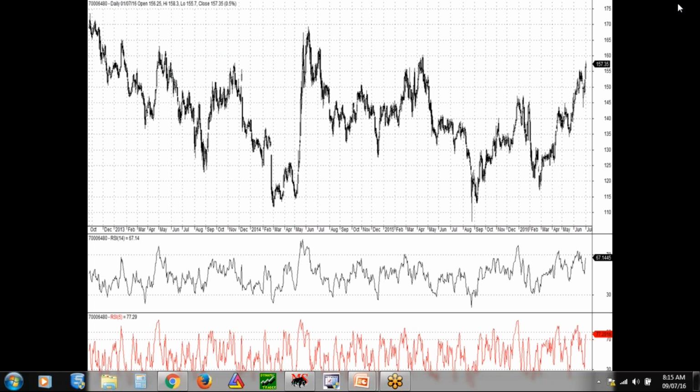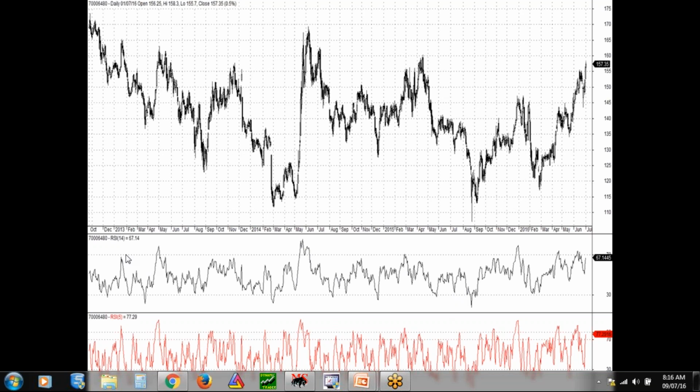Here is the chart, and I have plotted the 14-day RSI on the upper side and the 5-day RSI on the lower side, with the 70 and 30 bounds on both. You will see that RSI 5 is more volatile than RSI 14. So which one do we use, sir?